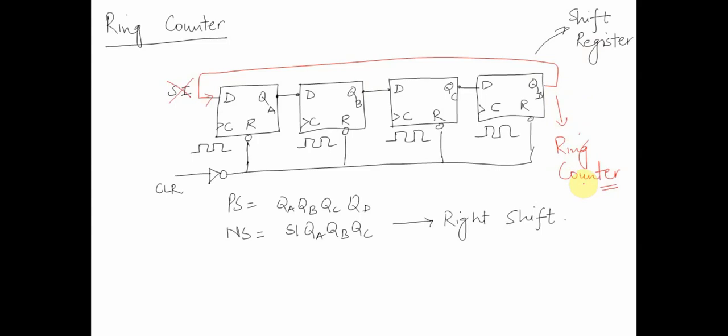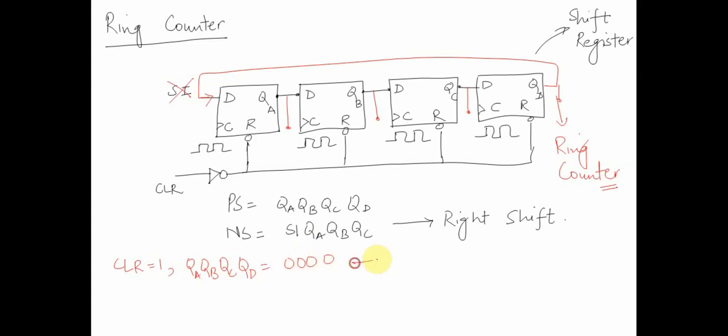Let's assume that what we have over here is in the initial state. When we set clear equal to 1, if we tap the output over here, QA, QB, QC and QD would be equal to 0 0 0 0.